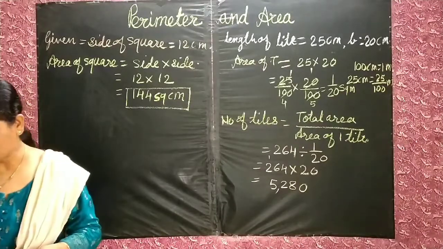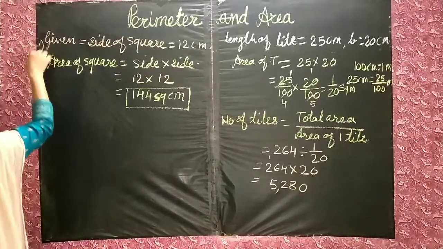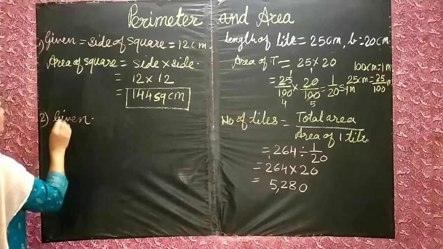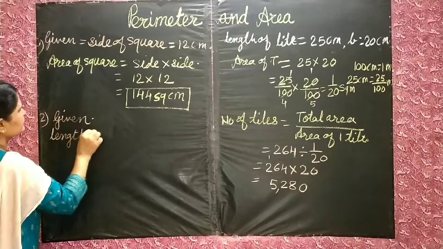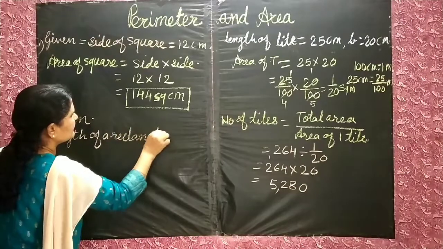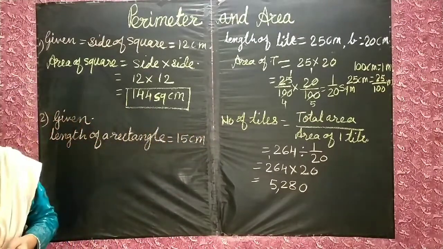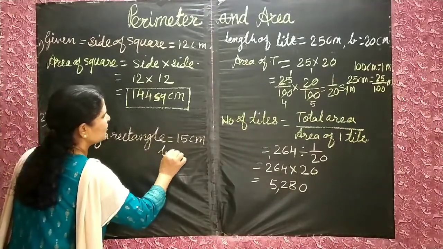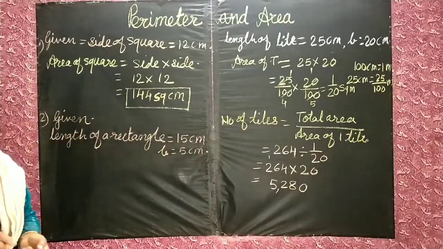Okay. Second example we'll see. The length of a rectangle is given. Given things we'll write first. Length of a rectangle is equal to 15 centimeter. And the breadth is given 5 centimeter. Then it asks us to find its area.